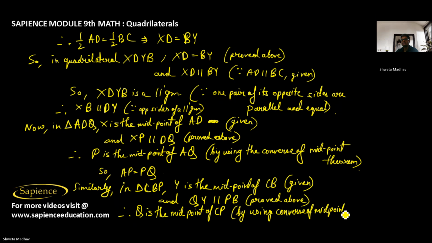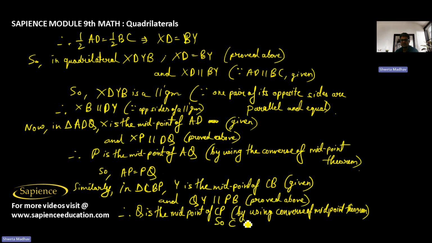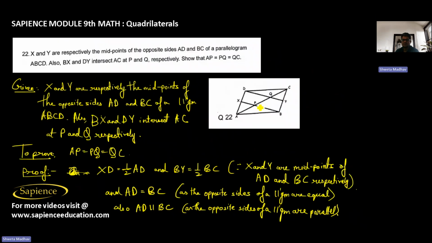So CQ is equal to PQ. And hence we can say that AP equals PQ equals CQ. So hence proved.